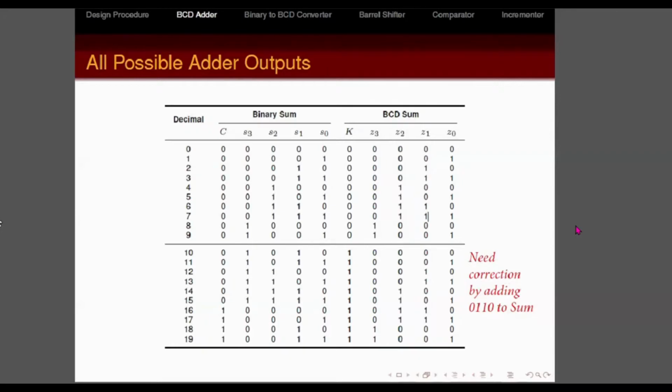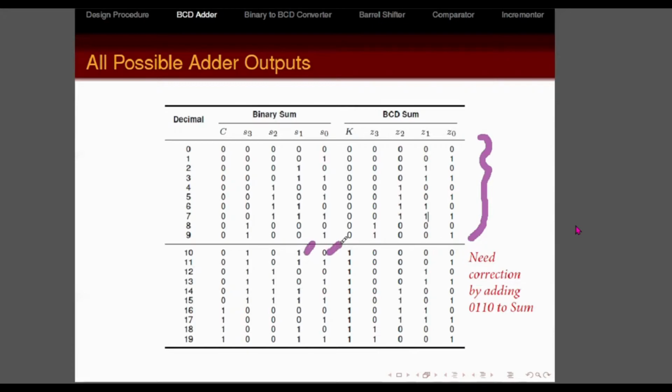Okay. As long as your output is between 0 and 9, that means it is still valid BCD. But if the number is, for example, 0, 1, 0, 1, 0, this is 10.